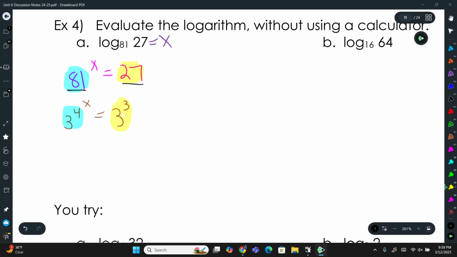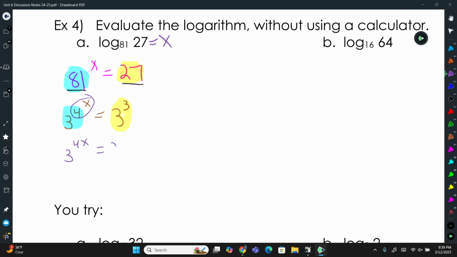Now the bases are the same, and then the exponents, remember our rules of exponents say if we have a power raised to a power, we can multiply the powers. So we have 3 to the 4x equals 3 to the 3rd. Well, since the bases are the same, the exponents have to be the same, so 4x is equal to 3. And we divide both sides by 4, x is 3/4.